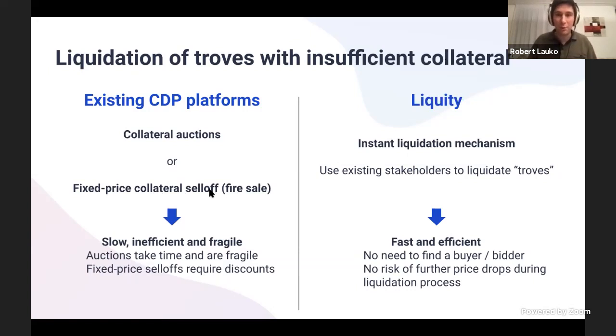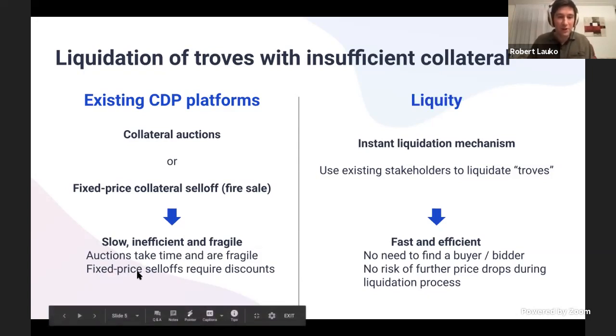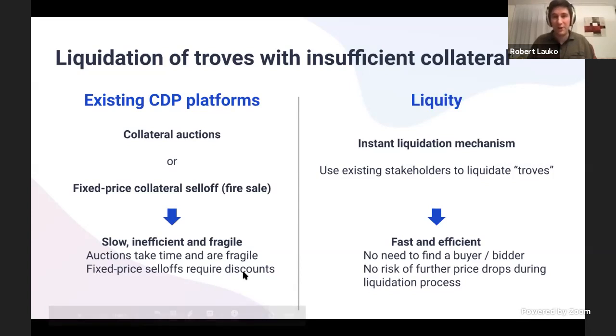Fixed price probably means that there is a discount on the current oracle price. Now, the problem with this is that such a liquidation mechanism is generally rather slow and inefficient by design, because auctions take time, and also with the fixed price sell-offs and the discounts, it's not as efficient price-wise as it could be.